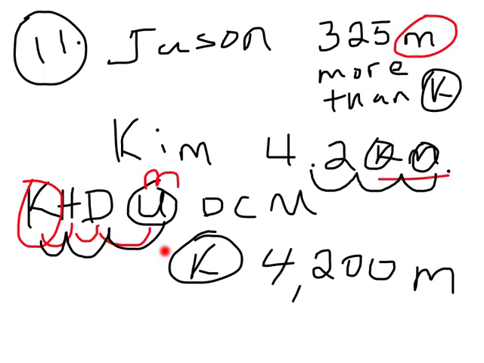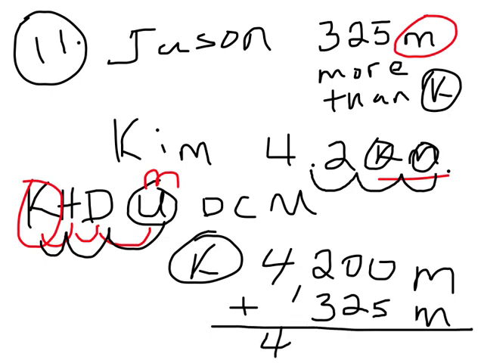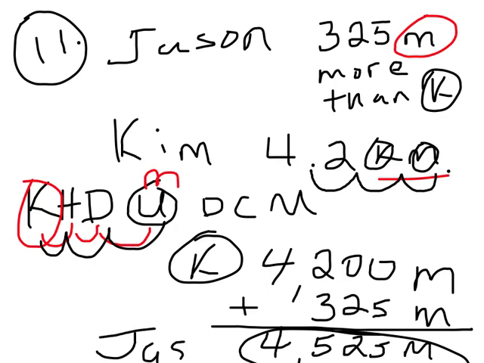So if Kim ran 4,200, then Jason ran a little bit farther, 325 meters more. So we need to add. We get 4,525 meters. And that's your answer. That's the distance Jason ran.